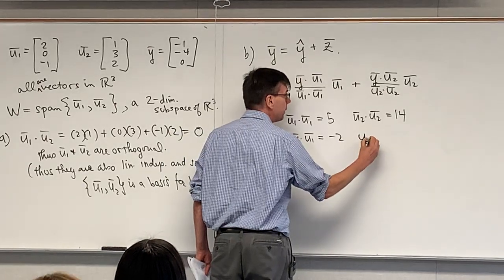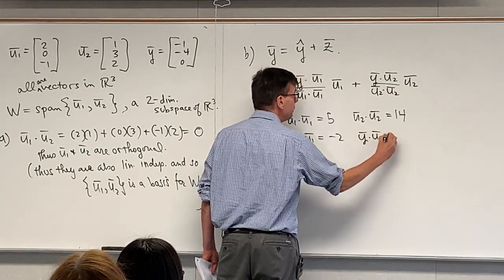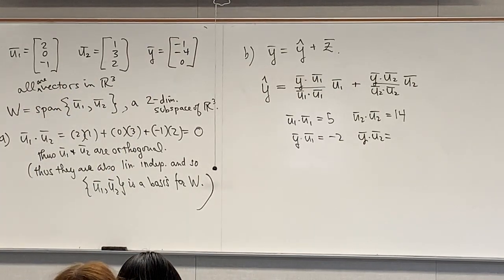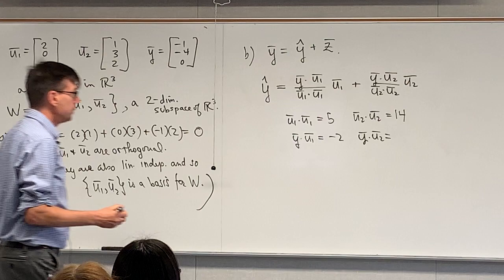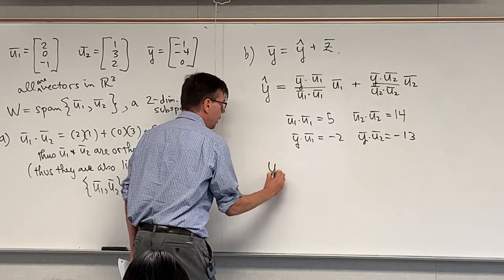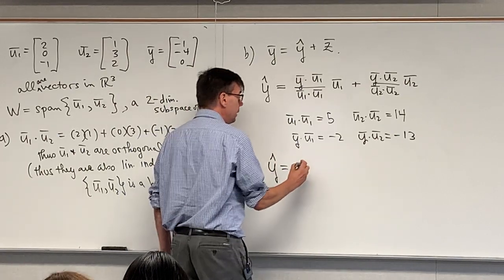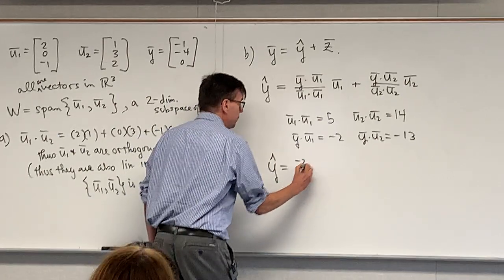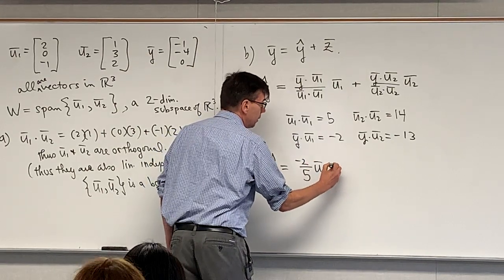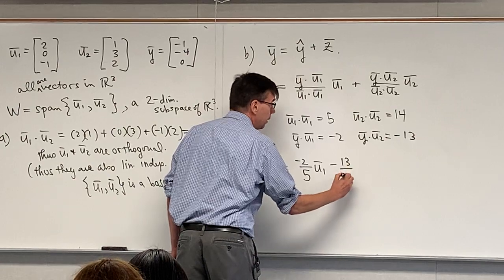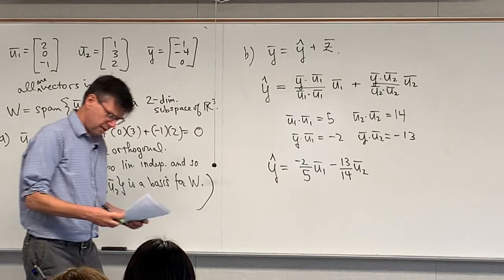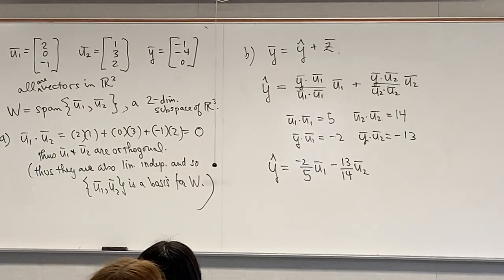We need y dotted with u2. So this dotted with that is negative 13. And so our y hat is going to be negative 2 over 5 times u1 minus 13 over 14 times u2. I think I have ugly fractions here.